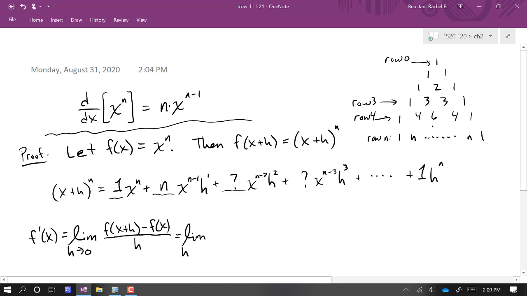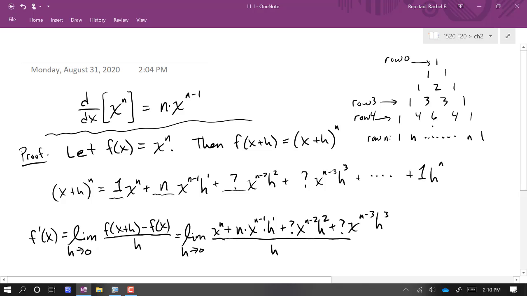This is the limit as h approaches 0 of, up top, 1 x to the n plus n x to the n minus 1 times h to the first, plus some unknown coefficient times x to the n minus 2 h squared, plus some unknown coefficient times x to the n minus 3 h cubed, all the way down to our last term, which we know is 1 h to the n.